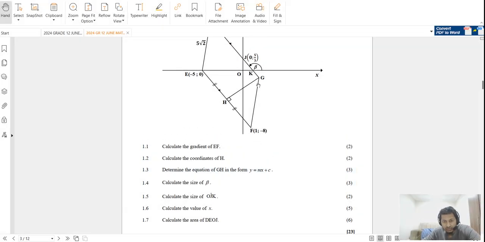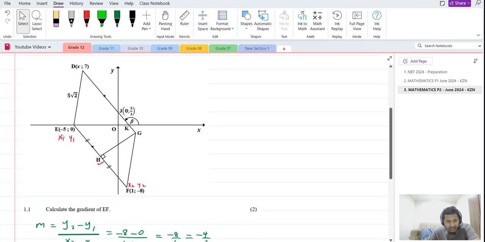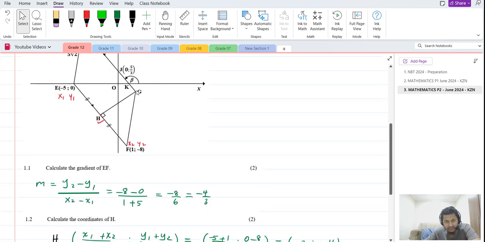Determine the equation of GH in the form y equals mx plus c. To find the equation of GH, we need to see what information we have so far. We have already calculated that the gradient of EF is -4/3, so the gradient of GH will be 3/4.